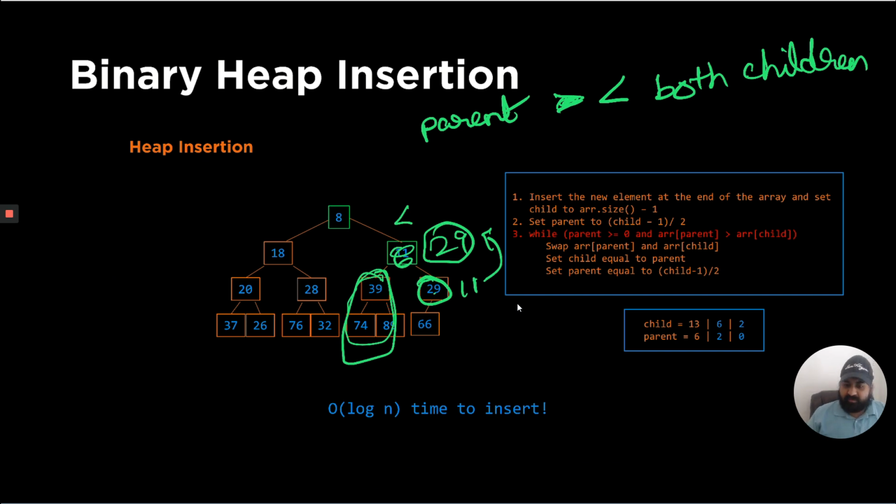So that's why this works: we just need to compare it to its parent but not to the left subtree or something like that.